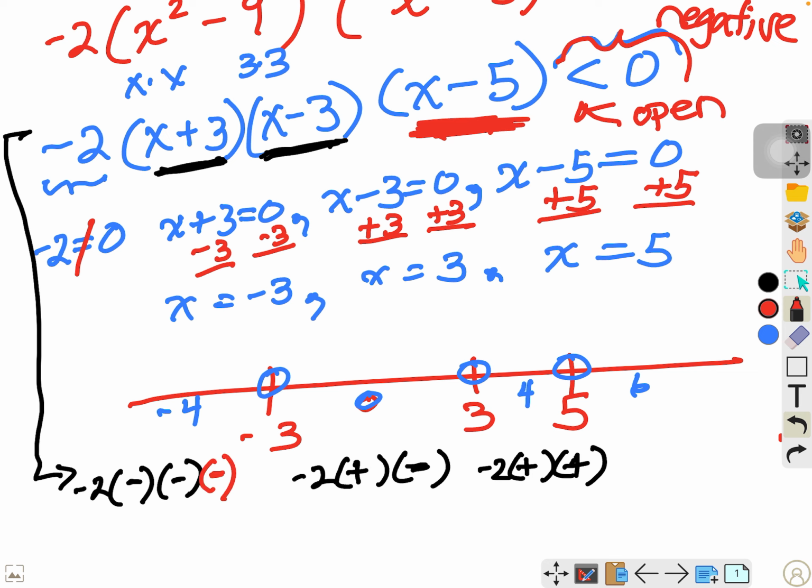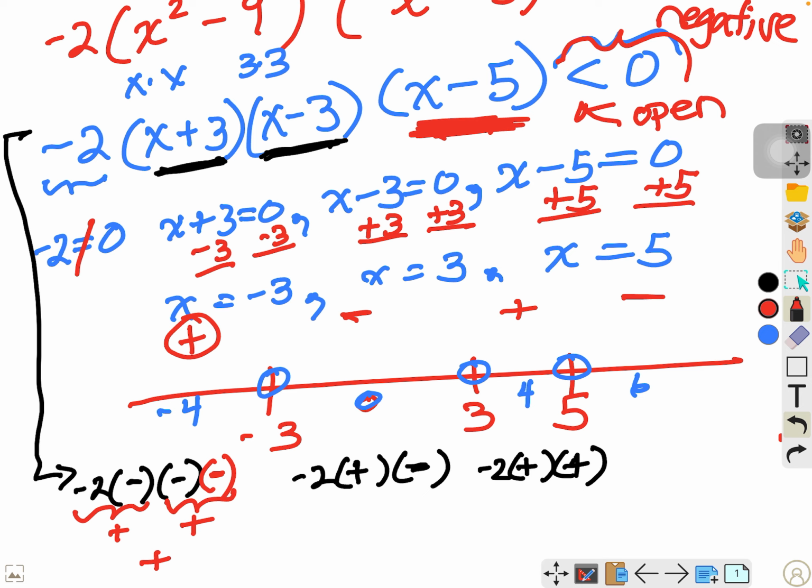And let's go ahead and check our work. Negative times a negative is a positive. Again, negative times negative is a positive. Positive times positive is positive. So this is a positive region. So now we're expecting positive, negative, positive, negative.